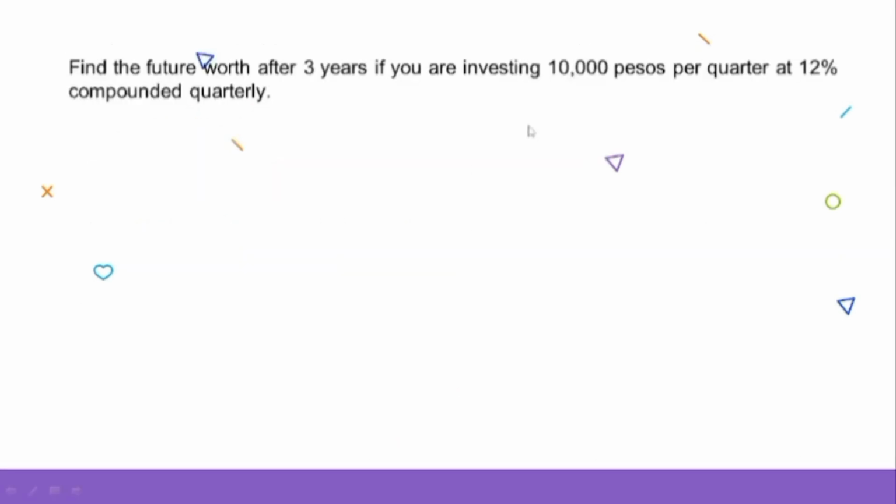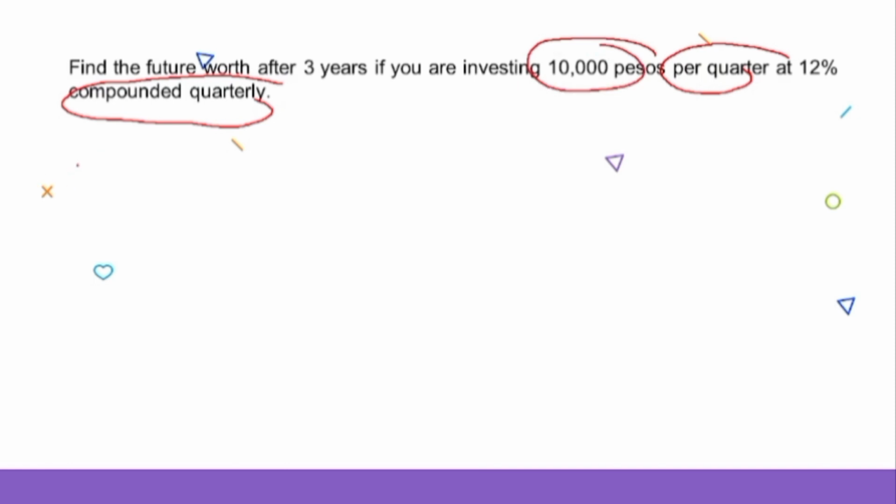Next example, find the future worth after 3 years if you are investing 10,000 pesos per quarter at 12% compounded quarterly. So, nagbabayad ka ng 10,000 pesos per quarter, compounded quarterly. Again, this is annuity pa rin kasi nagbabayad ka ng 10,000 equal payment. So, ang tinatanong sa atin is the future value.